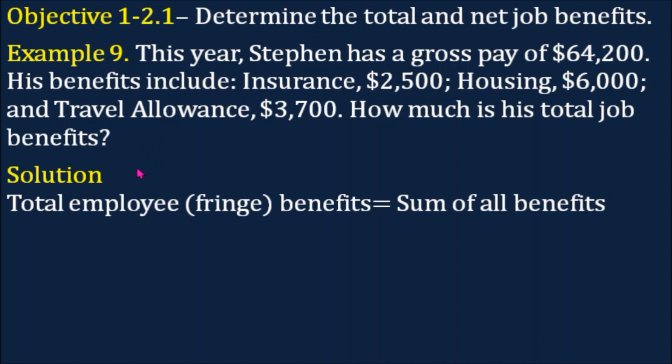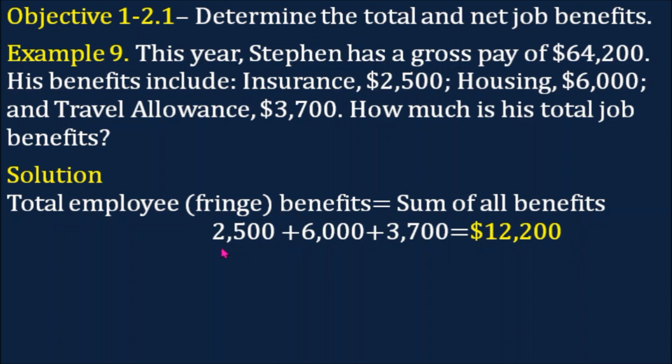So first, we are going to find the total employee benefits or fringe benefits. It's the sum of all benefits. So the benefits are $2,500, $6,000, then $3,700. Adding these three numbers, we have $12,200.